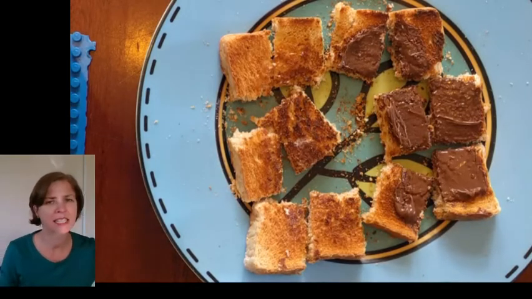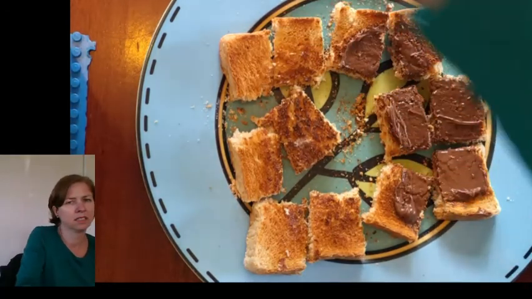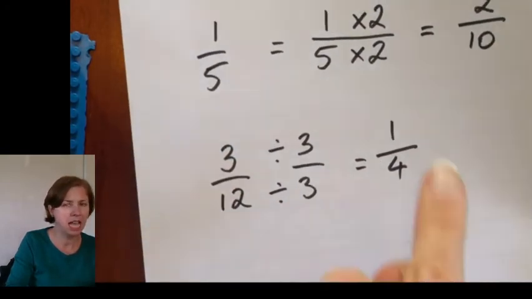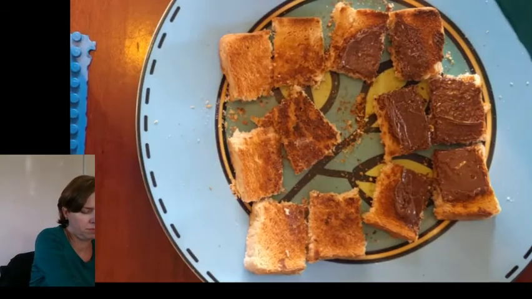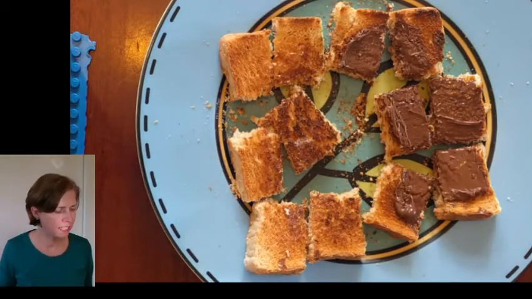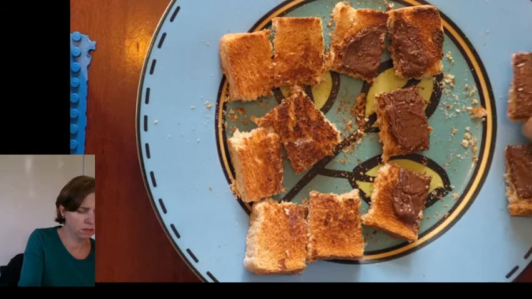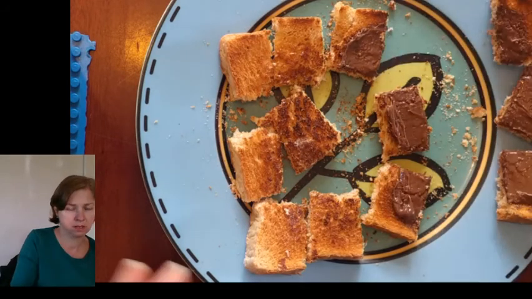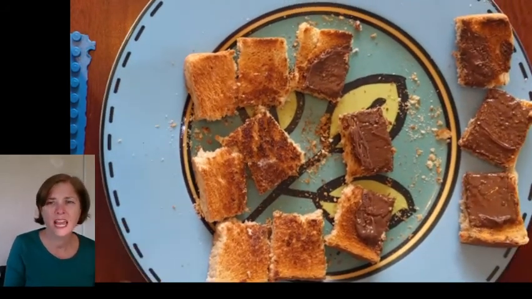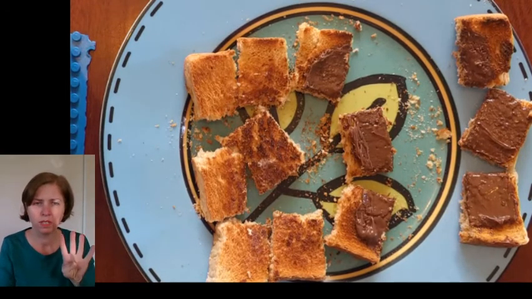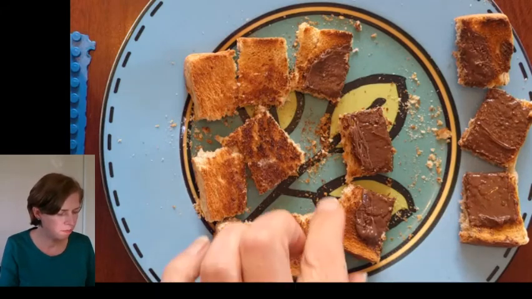So what I'm testing out is, is 3/12 the same as 1/4? All right, so let's take 3/12. 1, 2, 3. If that's the same as 1/4, then I should be able to make 4 groups, and they will all have 3 in them.